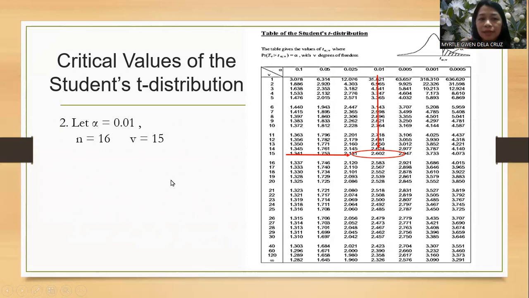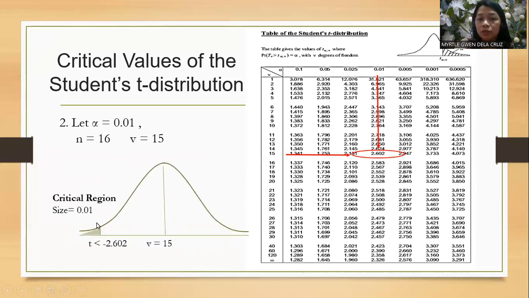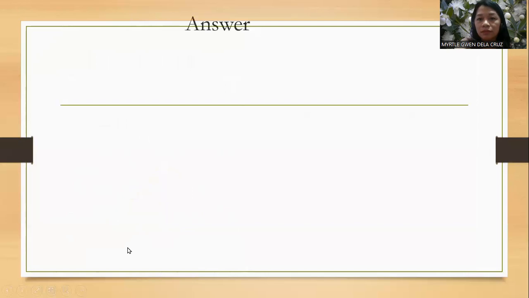Since our alternative hypothesis states that the mean is less than 500 ml, our critical region is found on the left side of the distribution. So we need to put a negative sign here. This is our boundary, negative 2.602, and our critical region is t is less than negative 2.602.